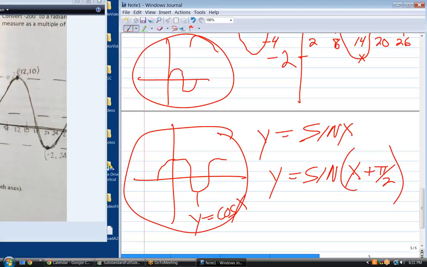So my cosine curve could be called sine of x plus pi over 2, or x plus 90 degrees. The sine curve is merely the cosine curve that's been shifted to the left by pi over 2.